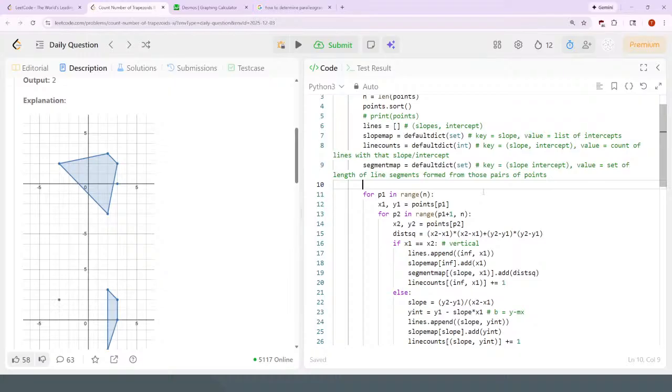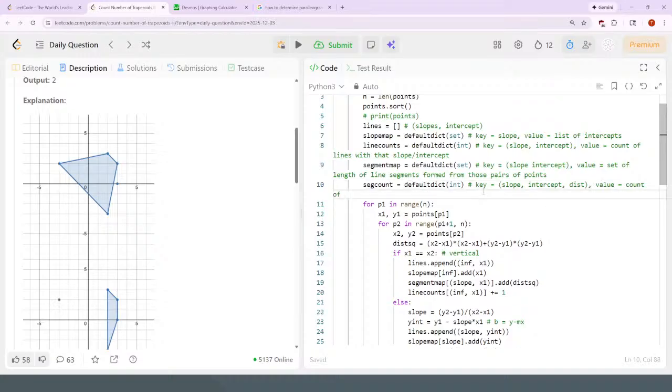And then I have the last thing, which is the count, segment count, which is also going to be a default dictionary int, where the key is the slope, intercept, and the length, the distance, and the value equals the count of line segments with that slope, intercept, and length.